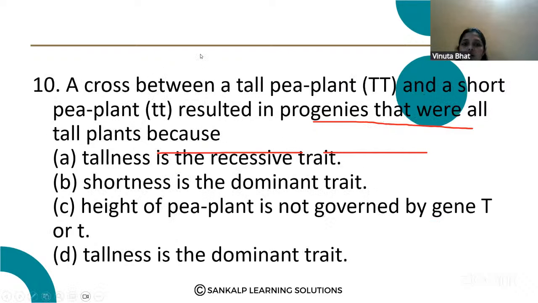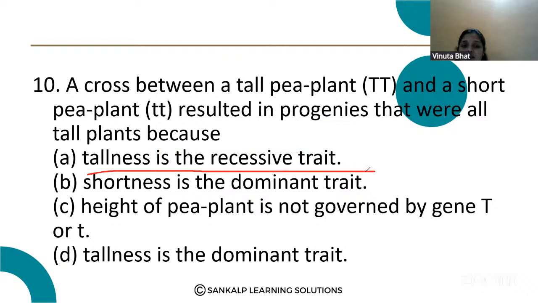Next question. A cross between a tall pea plant and a short pea plant resulted in progenies that were all tall plants. Because tallness is the recessive trait, or shortness is the dominant trait, or height of pea plant is not governed by gene T or small t, or tallness is the dominant trait. Which is the correct answer?